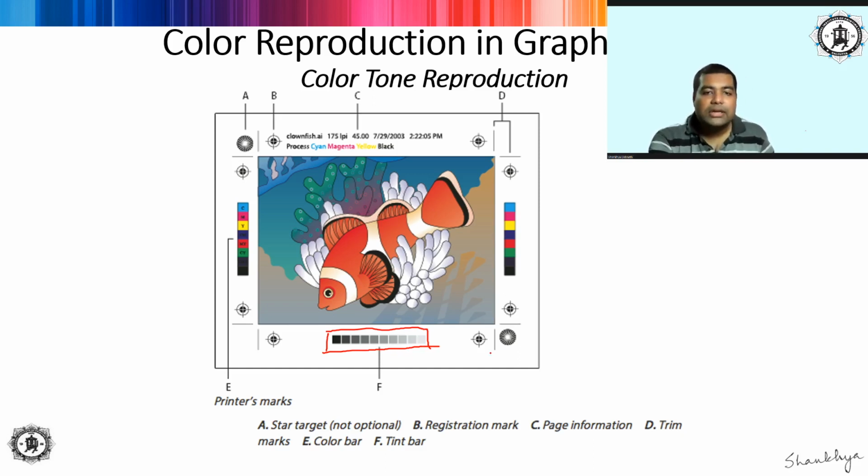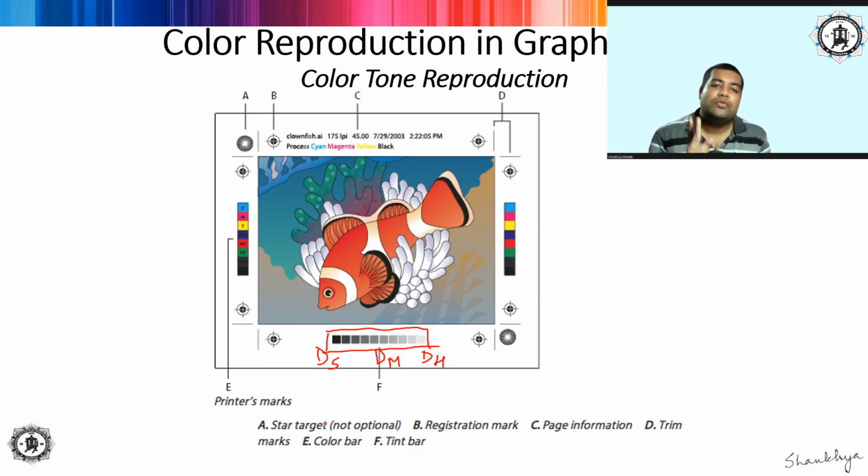You will get density from the highlight area to the density of the midtone area to the density of the shadow area. So you can assess how much inking is done within that particular image, and what the variation of densities is from the highlight to midtone to shadow area for the printed reproduction.